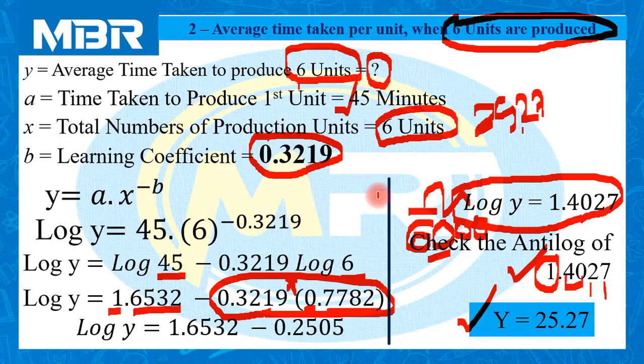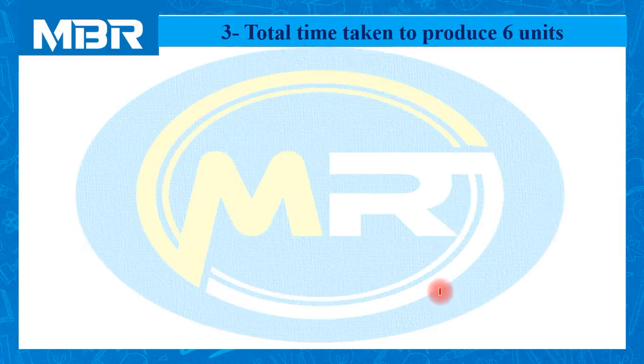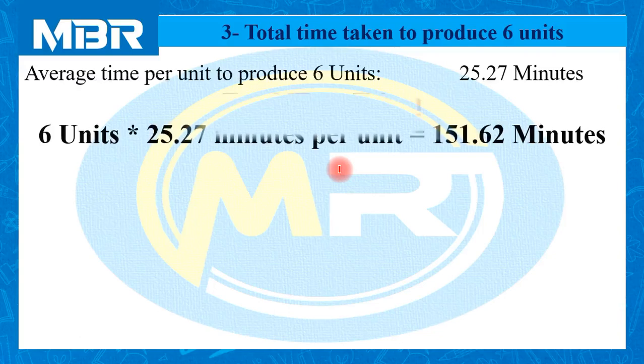After calculation of average time taken per unit when 6 units are produced, you can say the average time taken per unit when 6 units are produced is 25.27 minutes per unit. Now the third question is all about the total time taken to produce 6 units. So it is very simple.